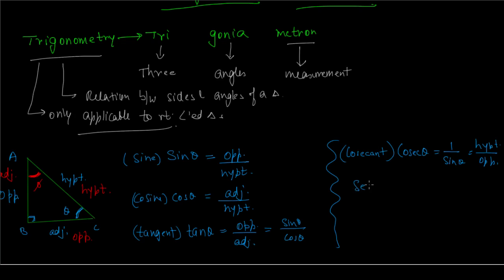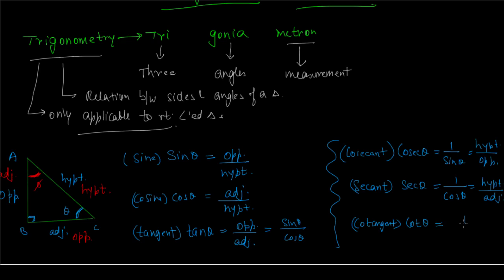Next is secant theta, or short is sec theta. Sec theta is equal to 1 by cos theta, which is equal to hypotenuse by adjacent. And then lastly, we have cotangent theta. And cotangent, short is cot.